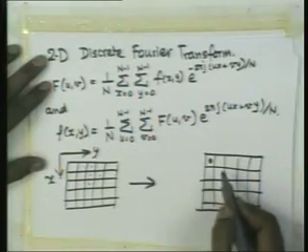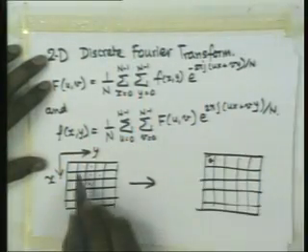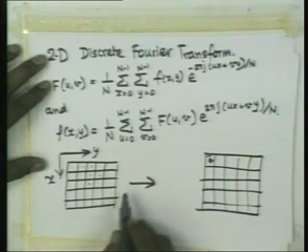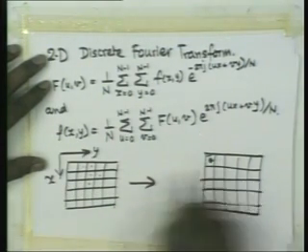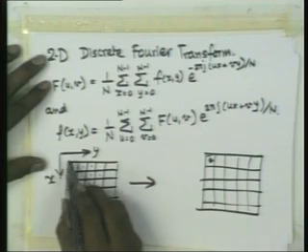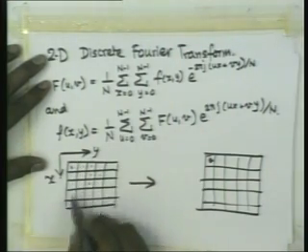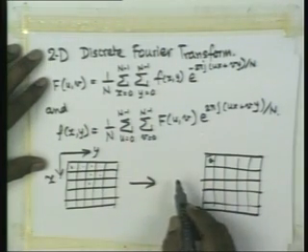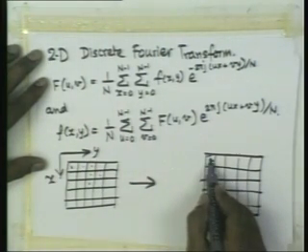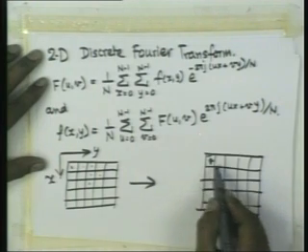Key point here is that each of the values that I determine here for any of the cells depends on all the values of the original image, right? This cannot be computed from this alone. It depends on each of the intensity values of the entire image in different weightages, which depends on the exponent that we have, which determines this value, right?